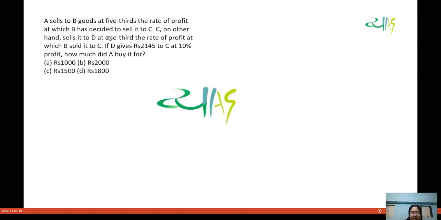What it is saying? It is saying A sells to B goods at 5/3 the rate of profit at which B has decided to sell it to C. And C, on the other hand, sells it to D at 1/3 the rate of profit at which B sold it to C. If D gives rupees 2,145 to C at 10% profit.